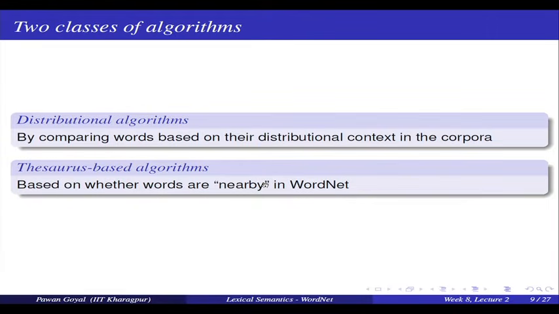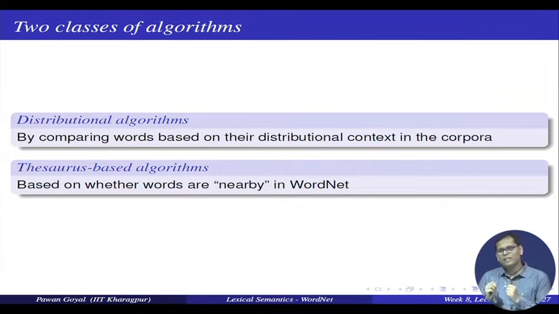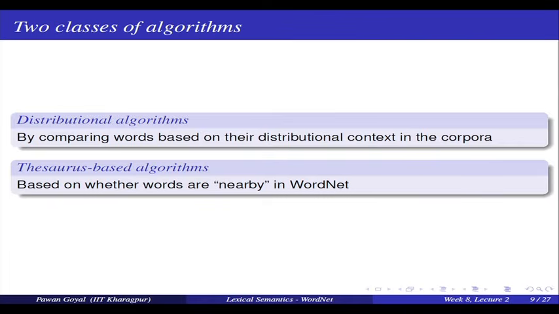But if I want to use a lexical resource like Wordnet, can I use the idea that some words are nearer in the Wordnet hierarchy than others? If two words are near in the hierarchy, I might say they are similar. If they are very far apart in the hierarchy, they might be different. So can I use this idea to establish if two words are similar by using the Wordnet resource? We will now see a lot of such methods of doing that.